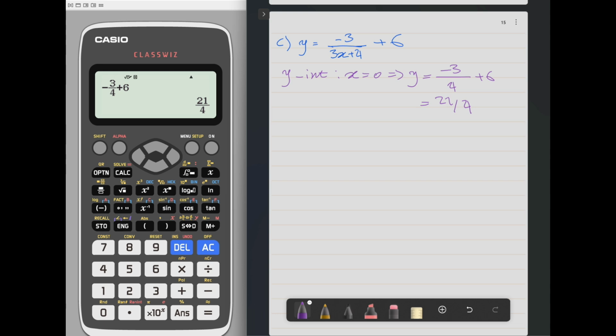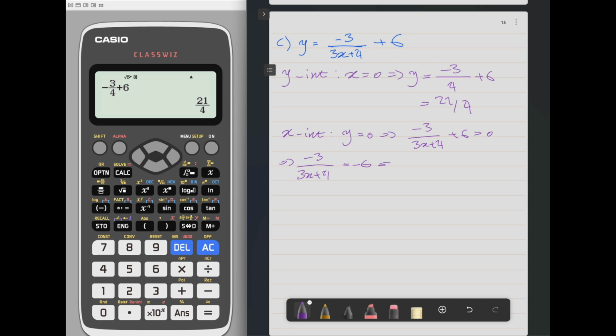As for my x-intercept, I'm going to put y equal to 0. Therefore, minus 3 over 3x plus 4, plus 6 is equal to 0. So minus 3 over 3x plus 4 is going to be equal to minus 6.